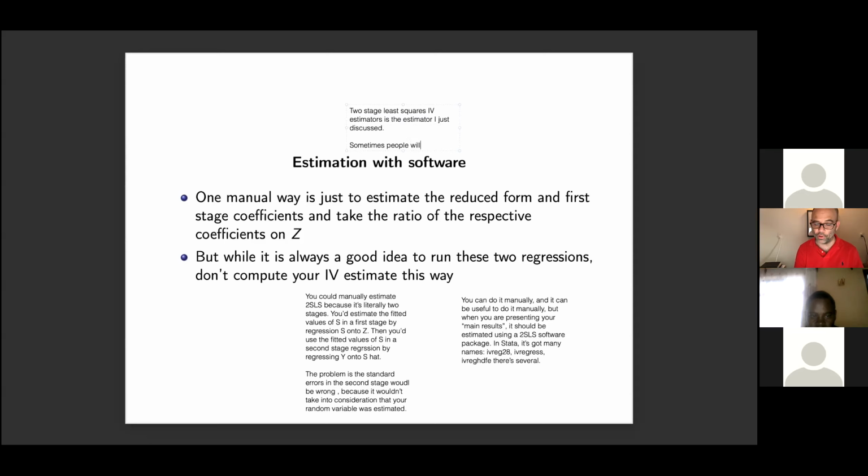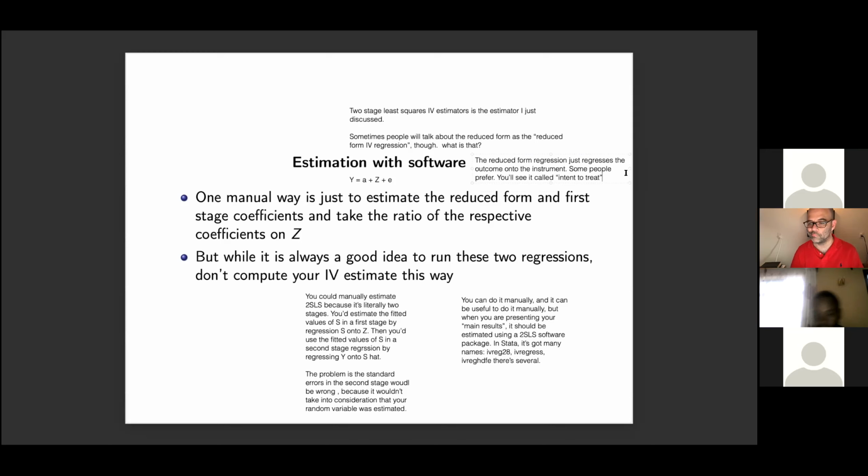Sometimes people will talk about the reduced form as the reduced form IV regression. So what is that? Y onto A plus Z. The reduced form regression just regresses the outcome onto the instrument. Some people prefer it. You'll see it called intent to treat. That's probably how you've seen it.